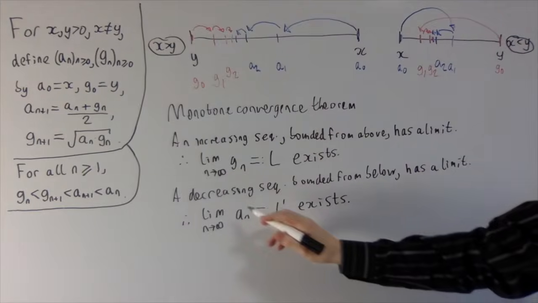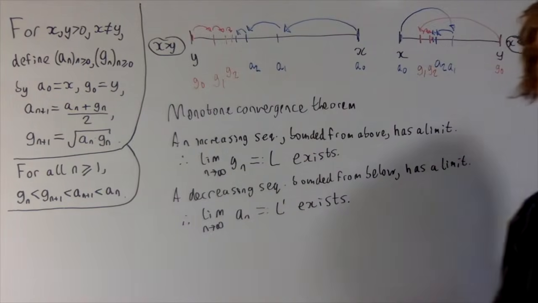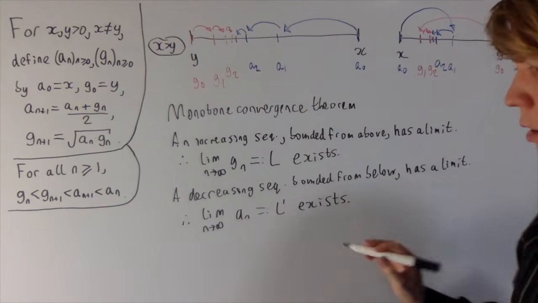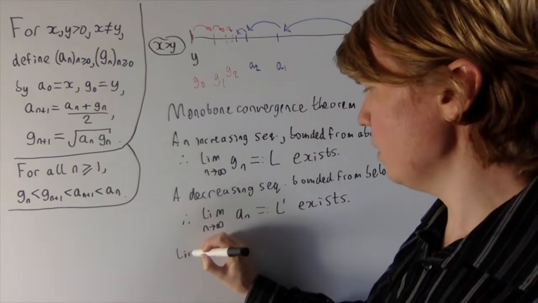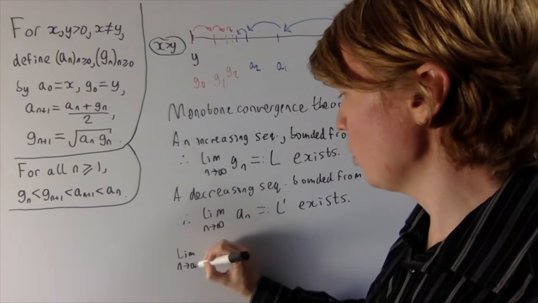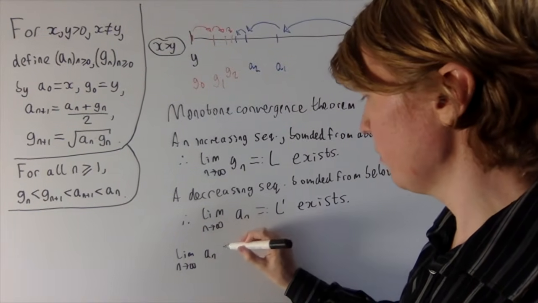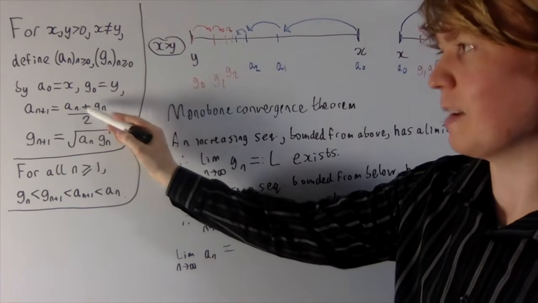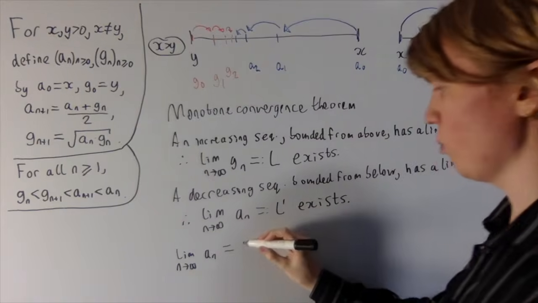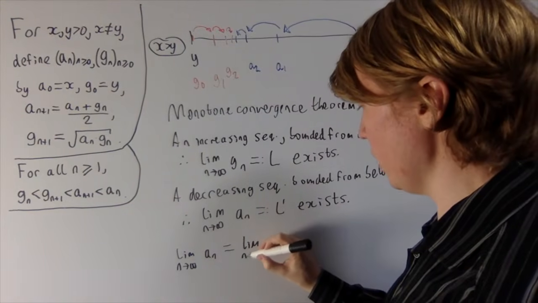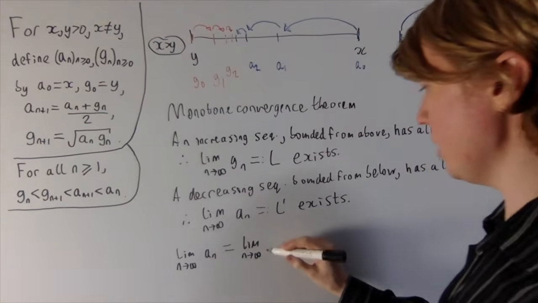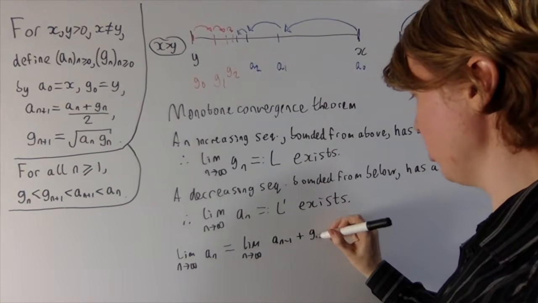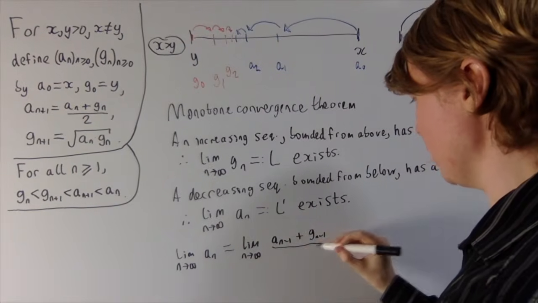But I can go further than just saying that both of these limits exist. And this is where this example of the two sequences gets really interesting. So the limit as n goes to infinity of An, well, I know that An is going to be the same as (An minus 1 plus Gn minus 1) over 2. So let's rewrite this as the limit as n goes to infinity of (An minus 1 plus Gn minus 1) all over 2.